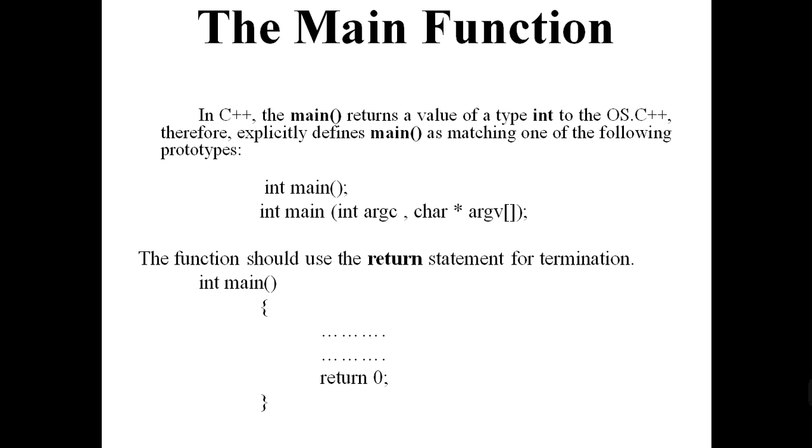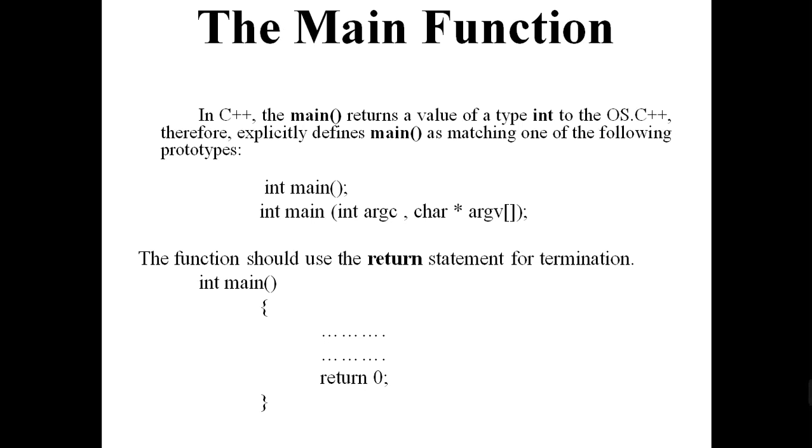C++ explicitly defines the main function as matching one of the following prototypes: int main(), and another one is int main with arguments, that is int argc, char argv. So this is the main function with the return type.